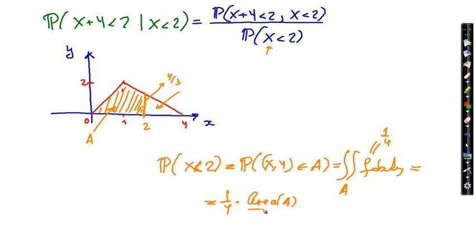I will not calculate this area of A now. You can do it this way, or you can think like this, maybe easier: write 1 minus the probability that x is larger or equal to 2. So x larger or equal to 2 means we are talking about our point being in this green part.